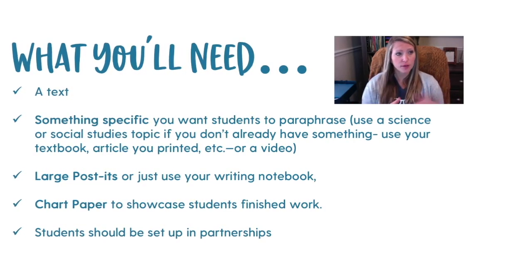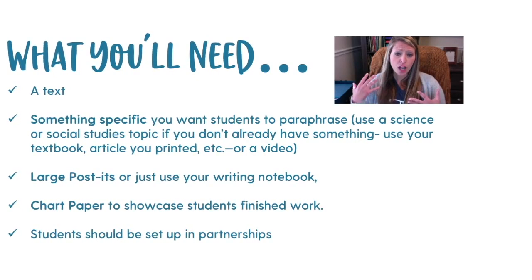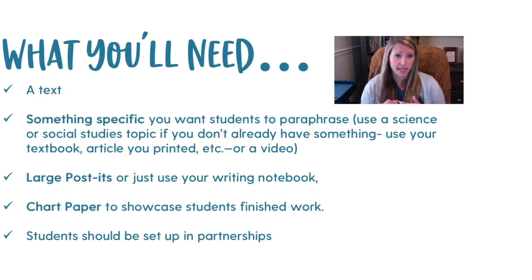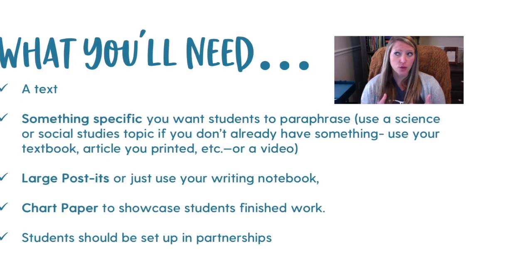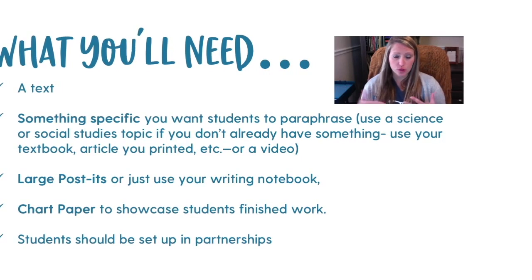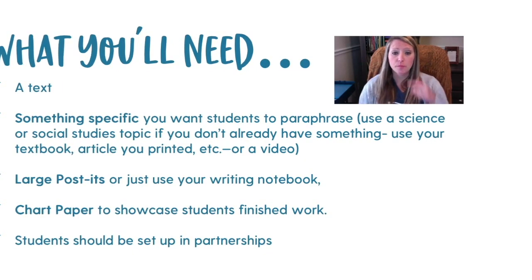Plus it helps you bring the writing and the science together. Another great way to do this would be to show a video. I'm just going to talk about a text, but you could use the same strategy with a video you have used in science or social studies, or a topic your kids are interested in.